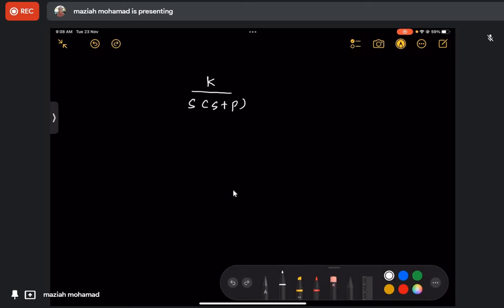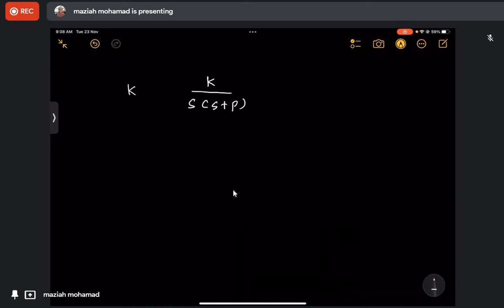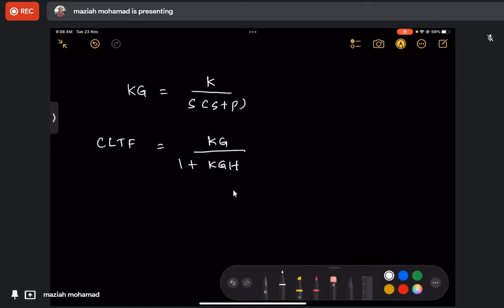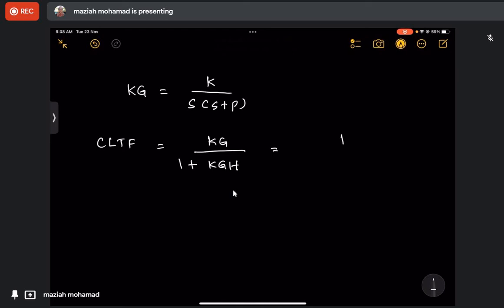So just consider this as KG. All right, so the closed loop transfer function will be KG over 1 plus KGH, and H is considered as 1, right? So that will equal K over s plus p divided by 1 plus K over s plus p.